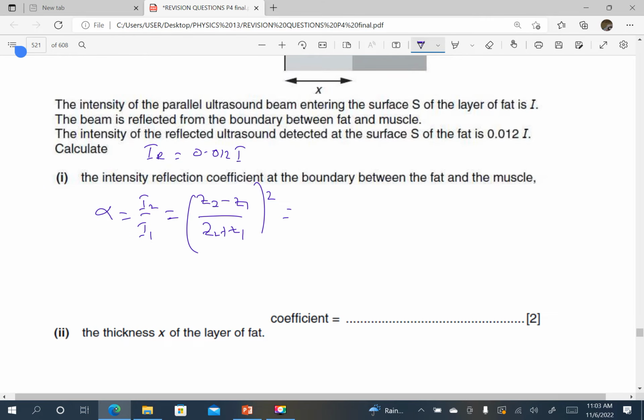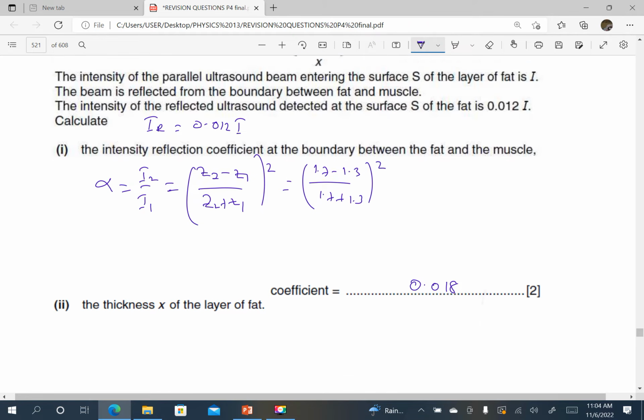I'll just substitute 1.7 minus 1.3 over 1.7 plus 1.3, squared. So I press my calculator. Okay. So this gives me 0.018 to two significant figures.